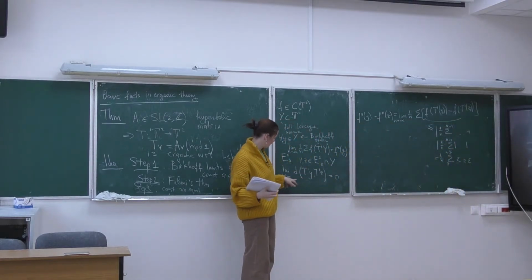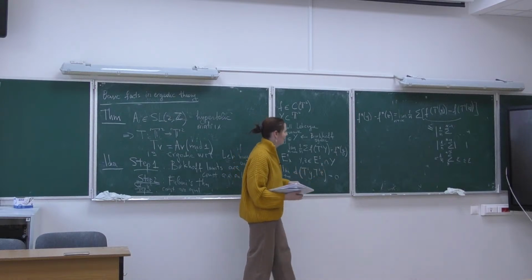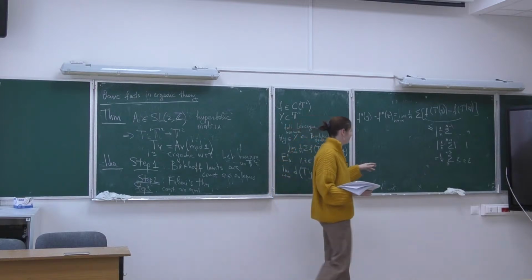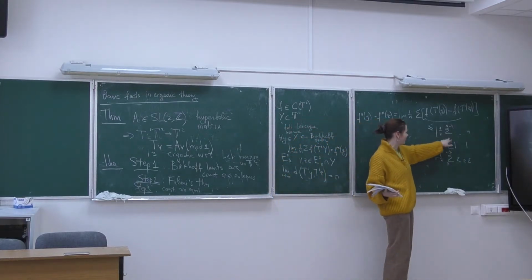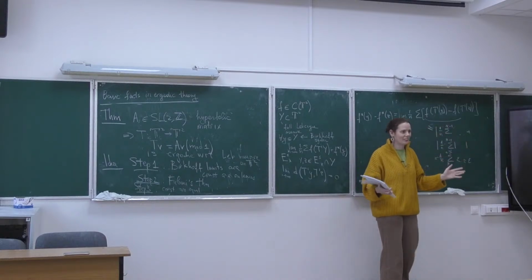I want to say that since we have this statement, starting from some moment, starting from some capital N, the distance between T^i y and T^i z is smaller than epsilon, right? We are in the epsilon neighborhood. So we just divided into 2 parts: one where we already know that it's smaller than epsilon, and one where we still don't know, but we can estimate this part, which is finite.